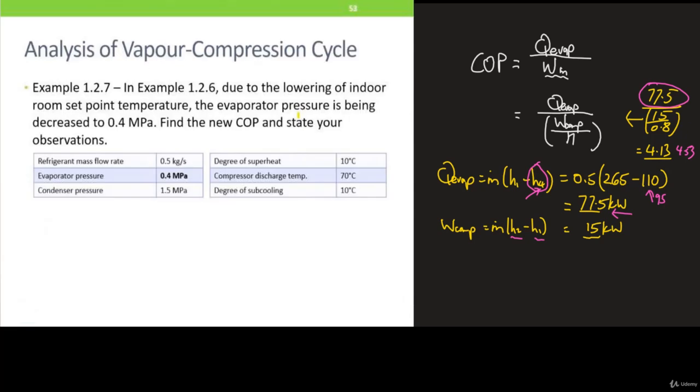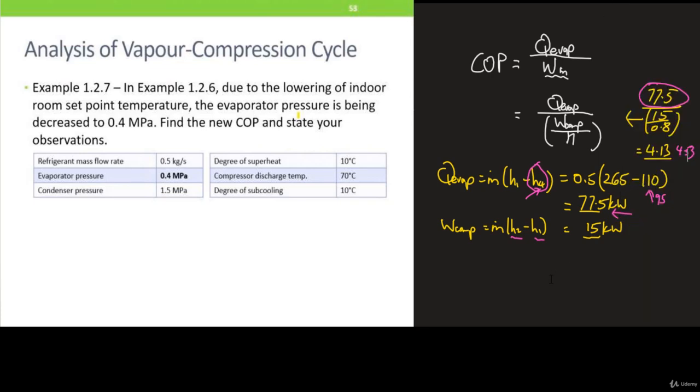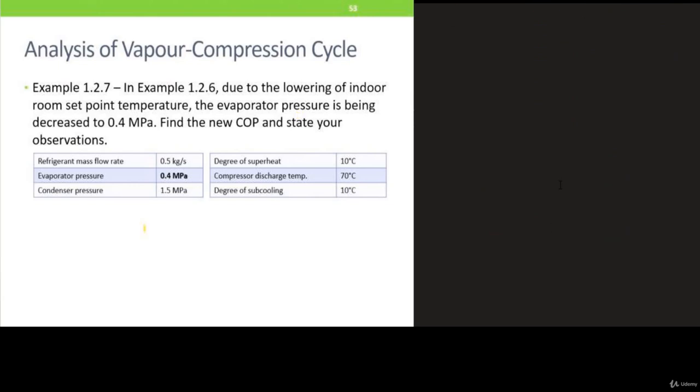So in example 1.2.6, due to the lowering of your indoor room set point temperature, everything remains the same except this. Your evaporating pressure reduced. So instead of 500 kilopascal, now it drops to 400 kilopascal. It drops to 0.4 MPa, so it's 400 kilopascal.